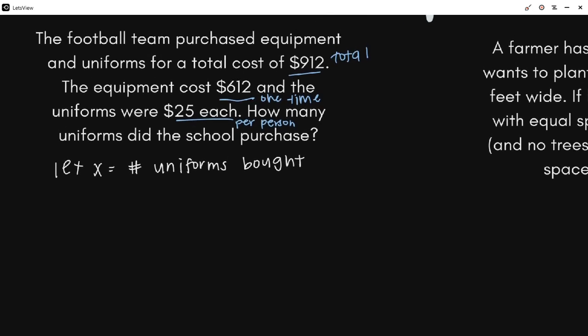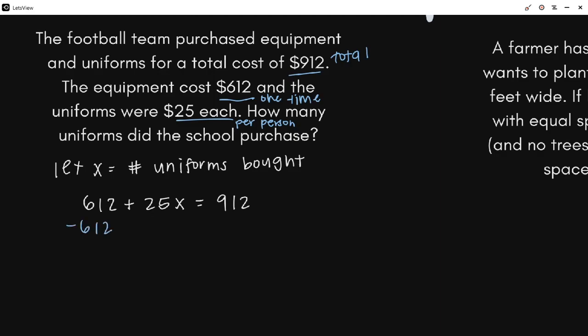To find that, we would add the equipment plus the cost of the uniforms and that'll give us our total. So the equipment is 612 plus 25 times x. Depending on the number of uniforms that we buy, we have to multiply by 25 to get the total cost of the uniforms, and that's going to equal $912.